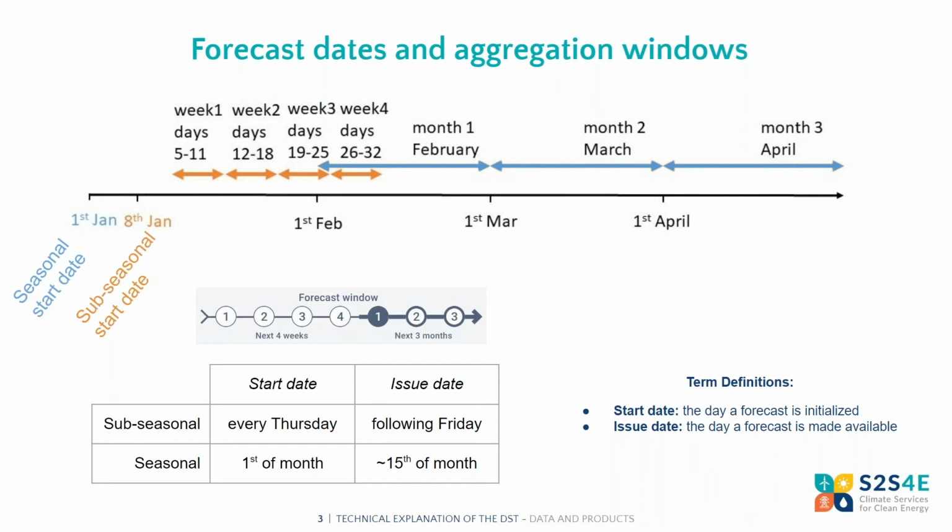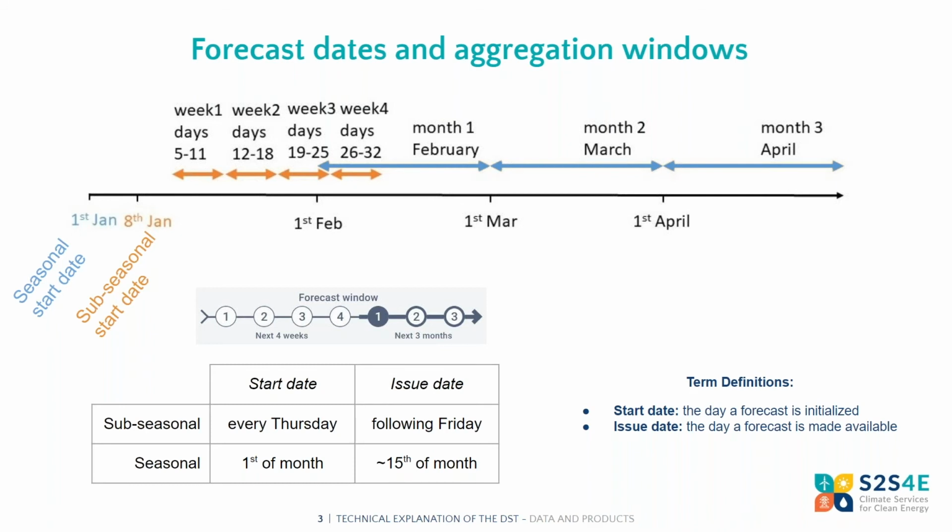In this timeline, you can see how we compute the first 4 weeks of the subseasonal forecast from the start date. The start date is the date at which the forecasts are initialized with the initial conditions, with the current observed conditions.